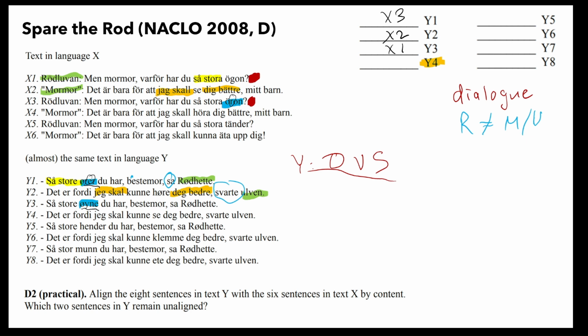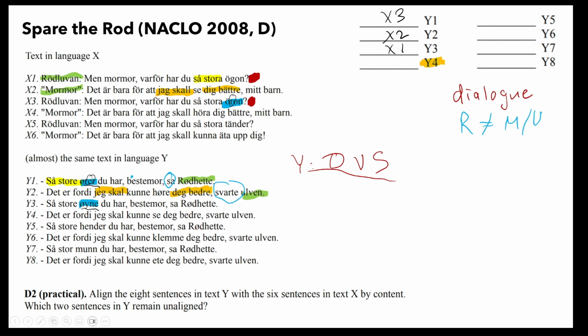Det för dig is repeated throughout. Jag ska is also repeated throughout. Kunna is also repeated throughout. Let me use a laser pointer so y'all can see where I'm pointing. So det is repeated, for dig is repeated, jag ska is repeated, kunna is repeated, dig bättre is also repeated.